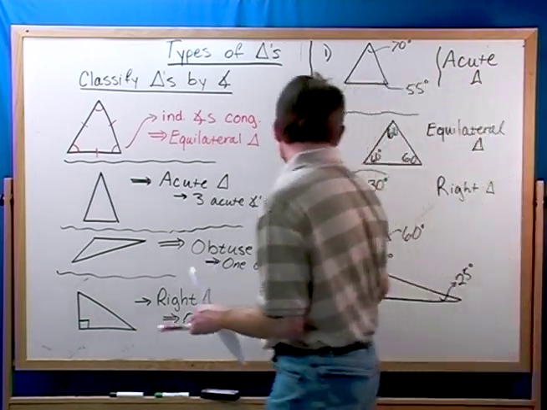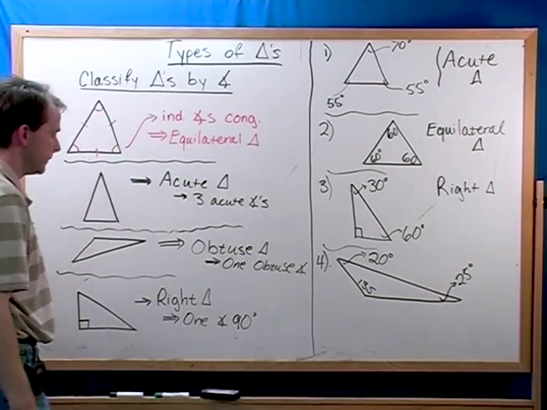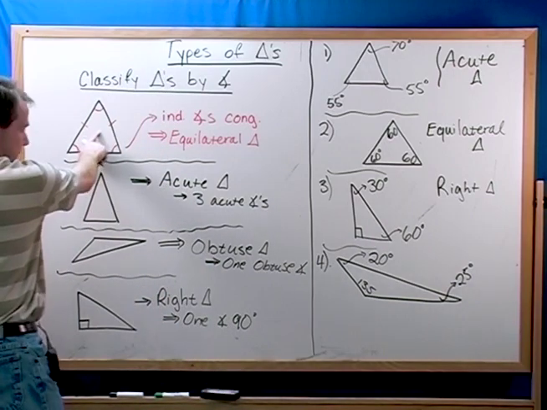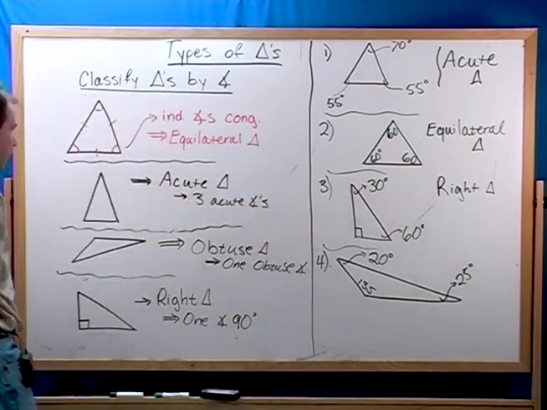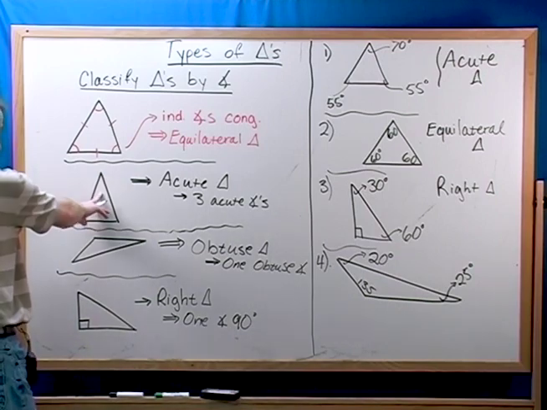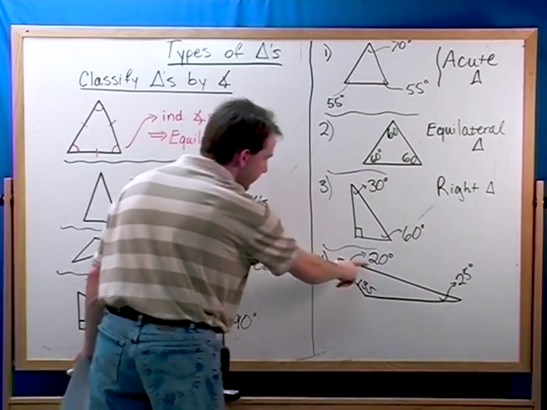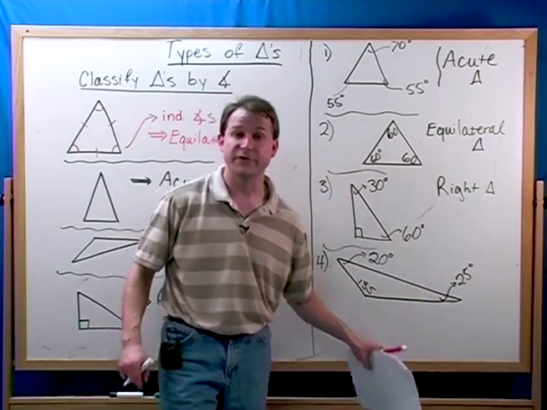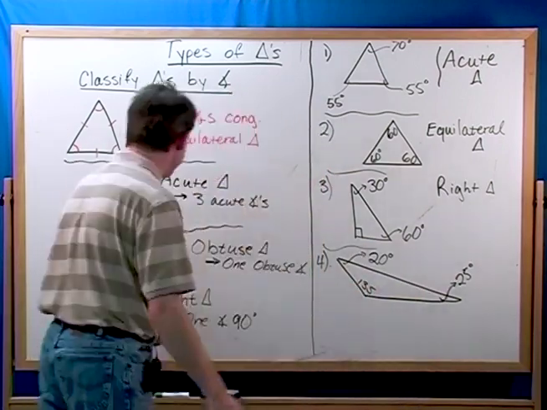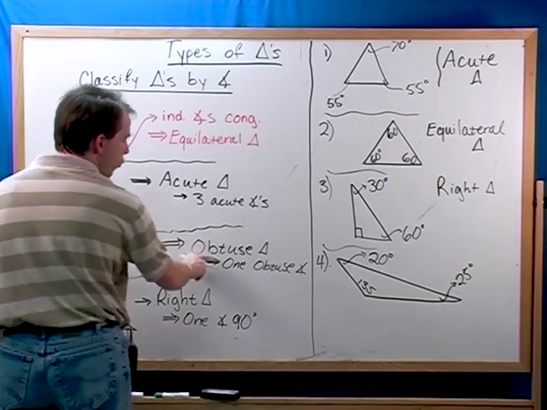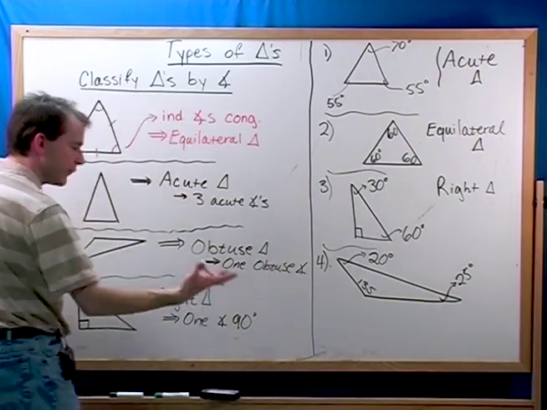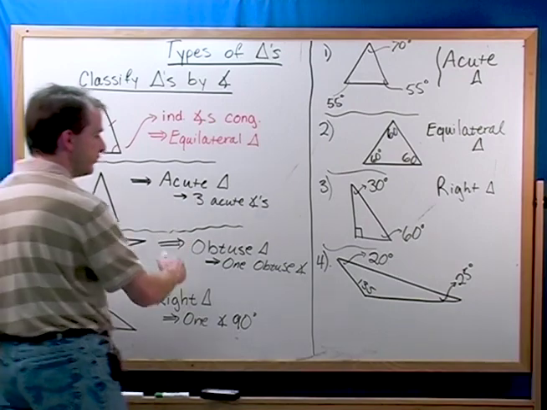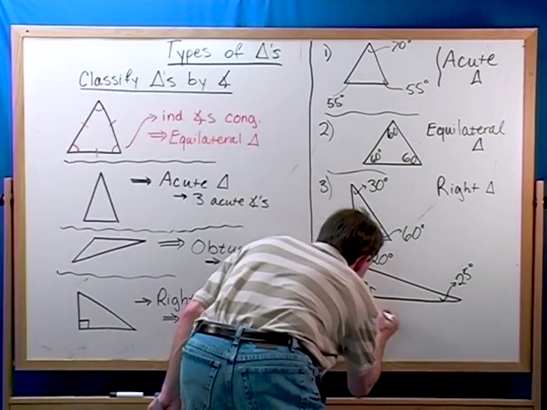What kind of triangle is this? Well, it's not an equilateral triangle because all the angles are not equal. It's not an acute triangle because this is an acute angle and this is an acute angle, but this one is not because that's greater than 90 degrees. That's an obtuse angle. And all you need is one obtuse angle, greater than 90 degrees, to make an obtuse triangle. So this is obtuse.